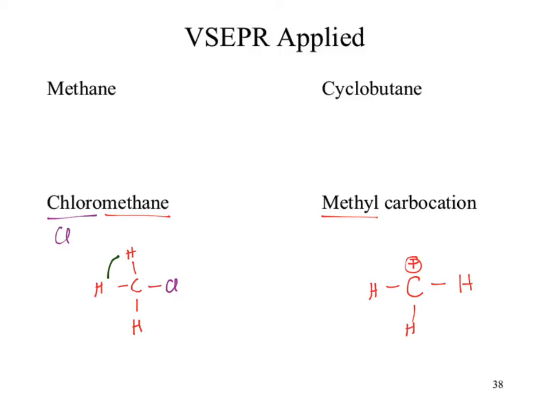Okay? It can't be tetrahedral because it does not have 4 groups of electrons. It only has 3, and then it has the 4th thing which has no electrons, so by definition cannot be a group of electrons. So it can't fit in the tetrahedral category, which means it also can't be trigonal pyramidal. So that puts it in the trigonal planar situation, and that's all we've got. So it is now a flat molecule.